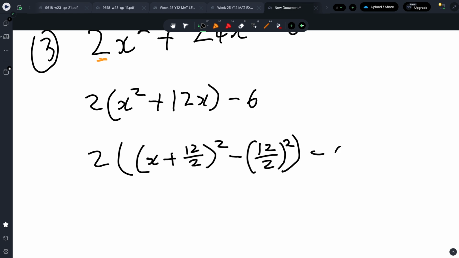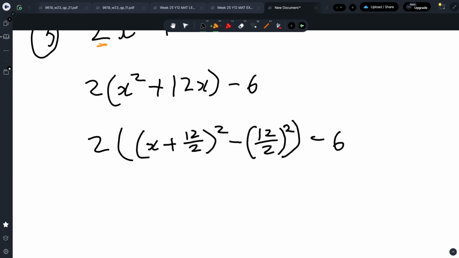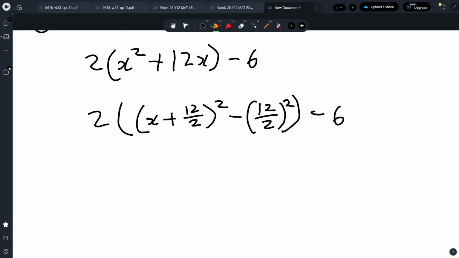I'm going to do another bracket for tidiness' sake. Close bracket, minus 6. And you want to notice that when you finish up, this 2 still applies to this part, so just keep that in mind. And I'm reaching a 5-minute mark. Wow, this should not be this long. But just simplify that out.